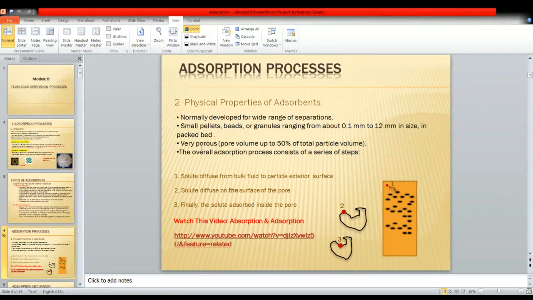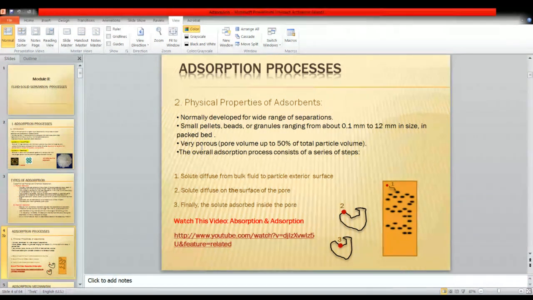Very porous. The surface is very porous. They are small; you cannot see the pores with your eyes. If you want to look at the pores, you have to use a magnifying glass or microscope. Then you can see the small pores on the surface. There is a very big surface area available in the pores.